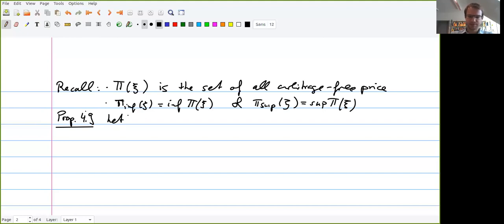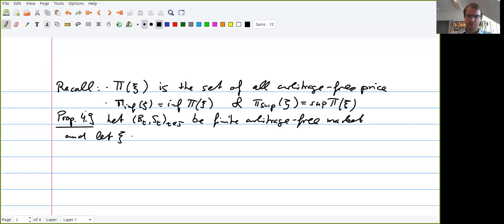Okay, so as usual, we have our finite and arbitrage-free market, and we have an option psi. So this is our claim.